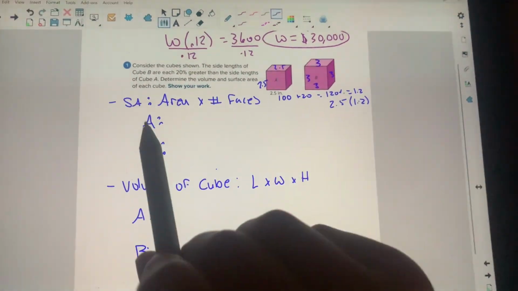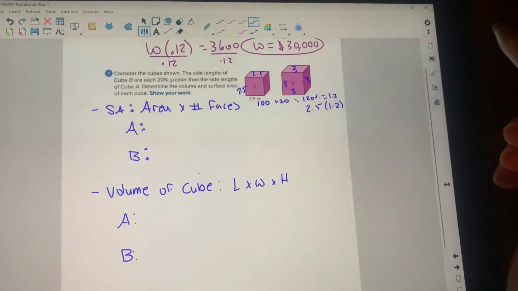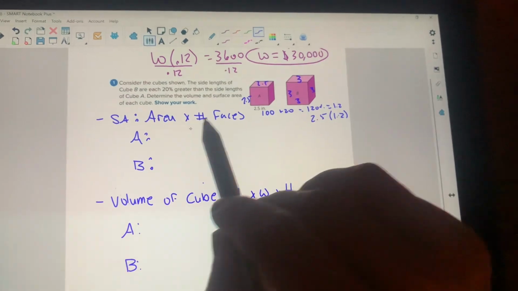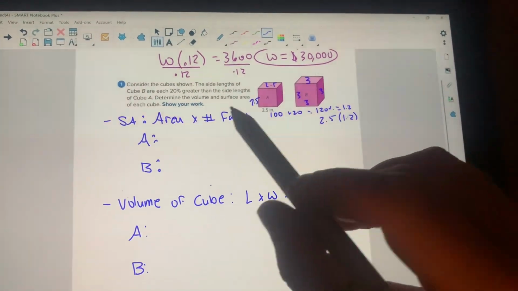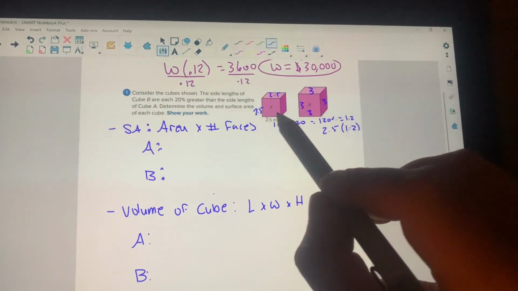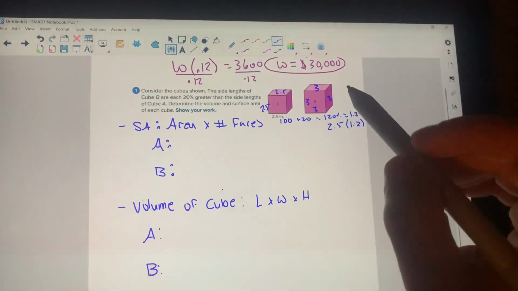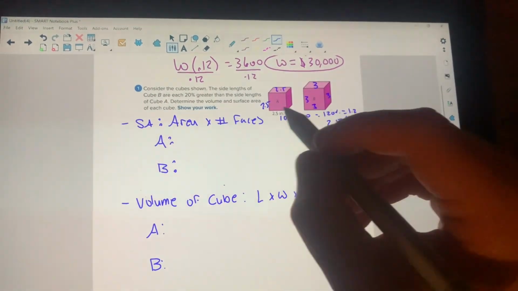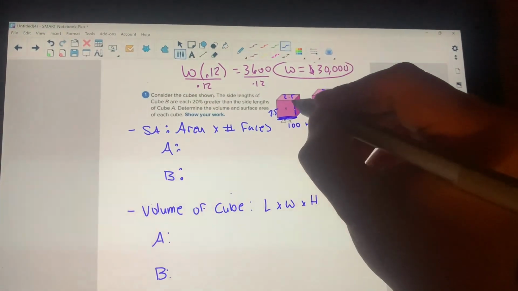So first we're going to do the surface area for cube A. So surface area is the area of one of the faces, which in this case our faces are all squares. So the area of one of the squares, and then multiply that by how many faces are on this shape. So the area of a square is length times width. So I'm going to go the length, which is this line, times the width.